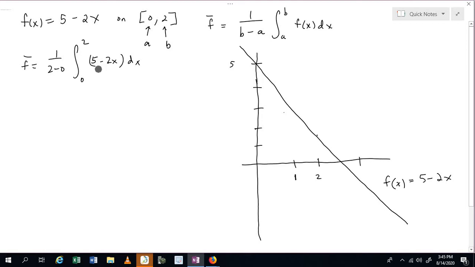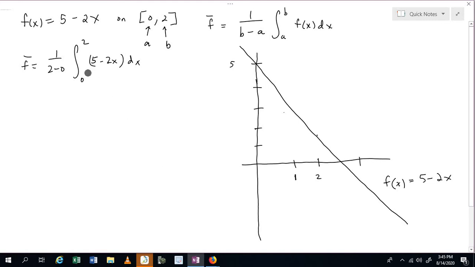So the first thing we need is any antiderivative of this function, which, by the way, is continuous from 0 to 2. You can see that it's just a straight line. So it's continuous from 0 to 2, and we're allowed to use the fundamental theorem of calculus to evaluate this definite integral.